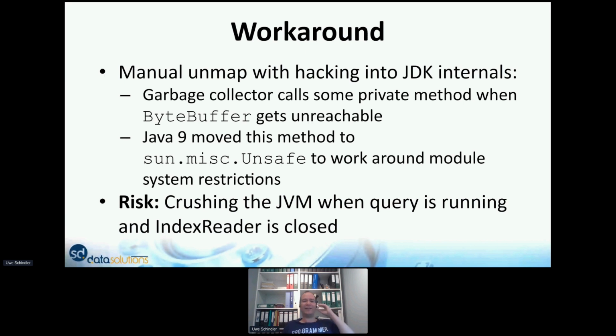And since Java 9, this is done through sun.misc.Unsafe. Previously, you had to hack into the JVM at different places, so it was really a bit strange. Currently, we have a lot of code about that in Lucene, which makes sure this workaround works in most of the JVMs that are supported. If it's not supported, MMapDirectory will not work for you.